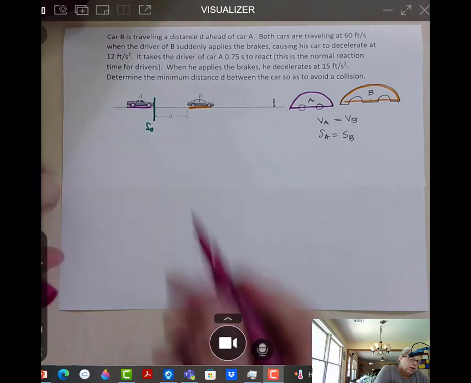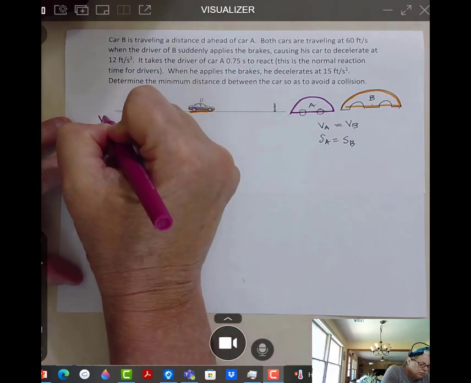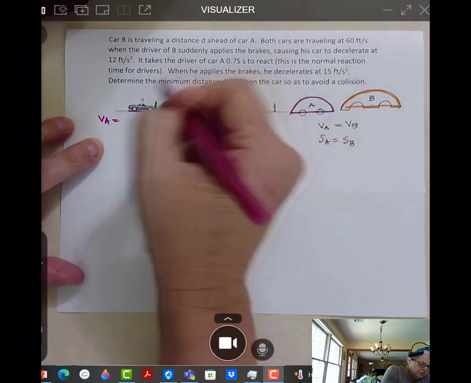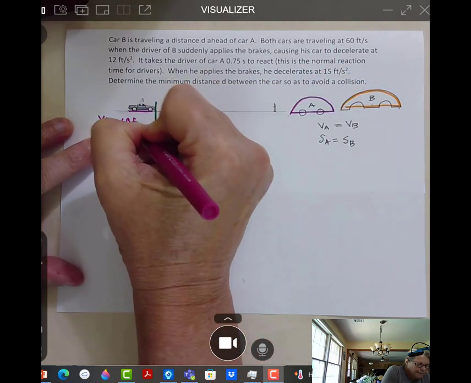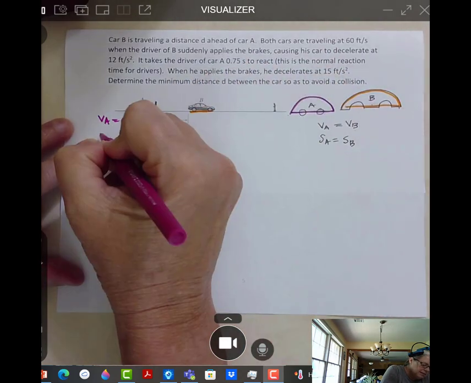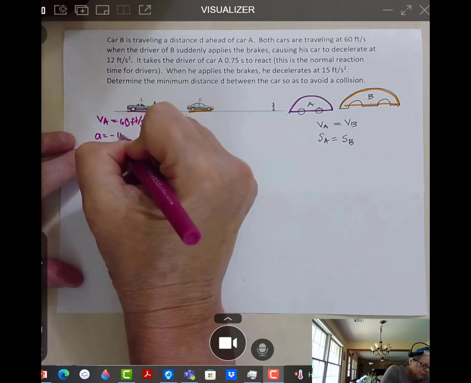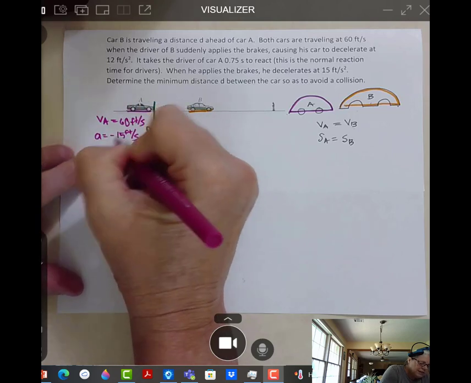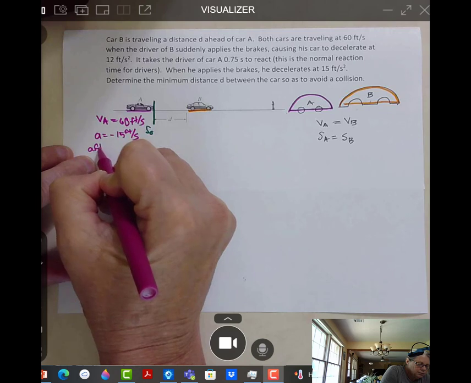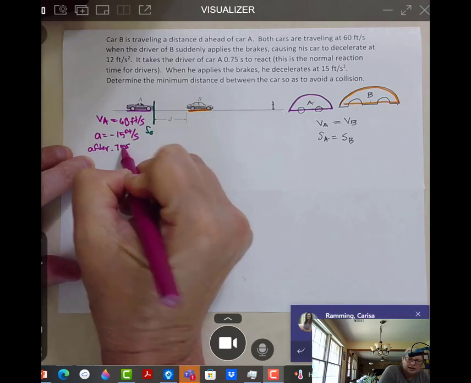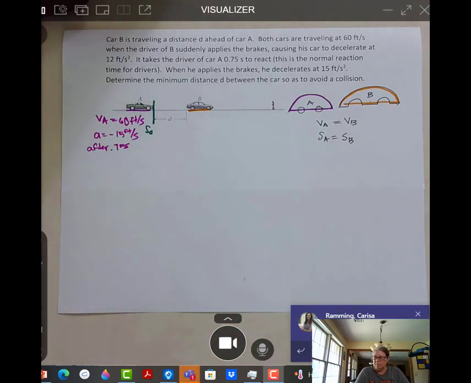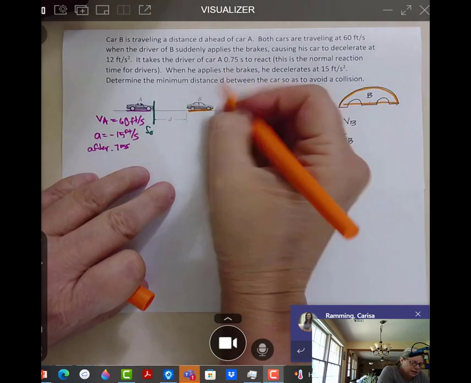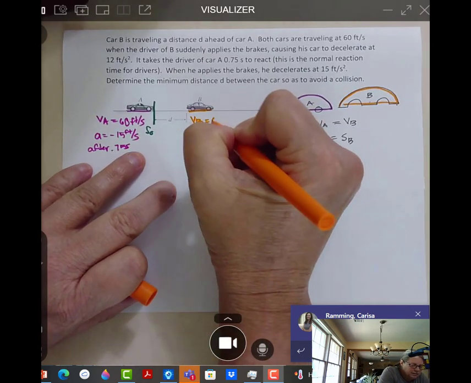And I know that car A has an initial velocity of 60 feet per second. I know that his acceleration is negative 15 feet per second squared, but that is after 0.75 seconds. Car B, our velocity is 60.